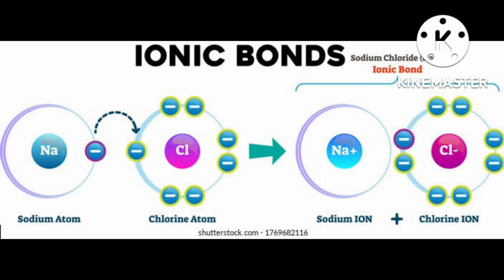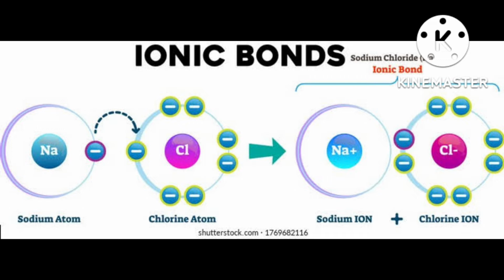The formation of a positive ion involves ionization, that is, removal of 1 electron, 2 electrons, 3 electrons like that from the neutral atom, and that of the negative ion involves the addition of an electron or electrons to the neutral atom.